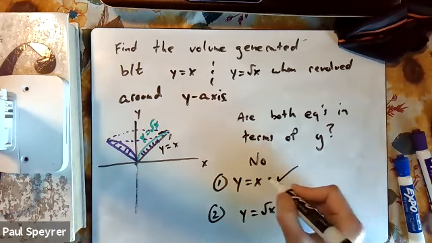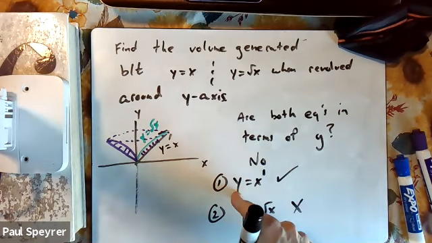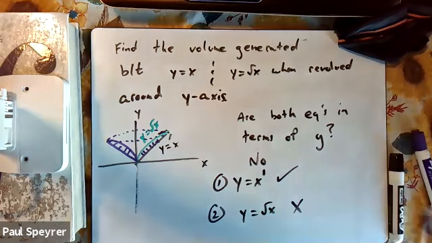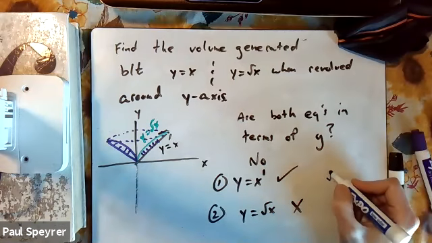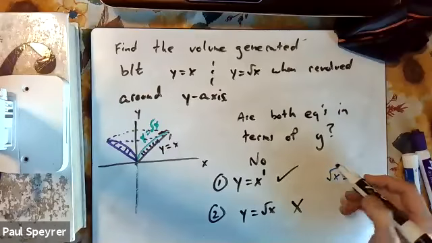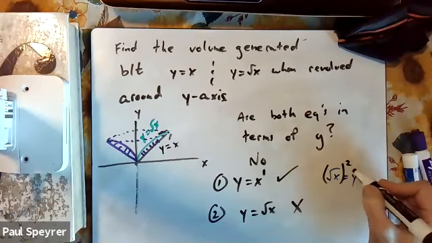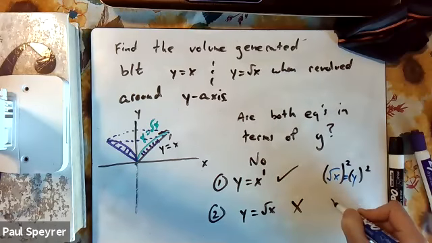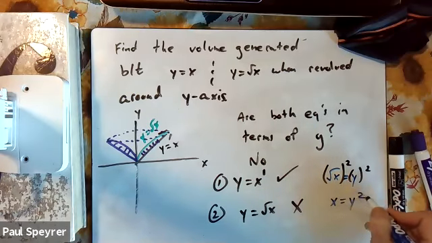This one's okay because it's x to the first equals whatever. This one's not okay because this is not x to the first equals whatever. So we need to take it and solve it for x. How do you solve this for x right here? You square both sides.